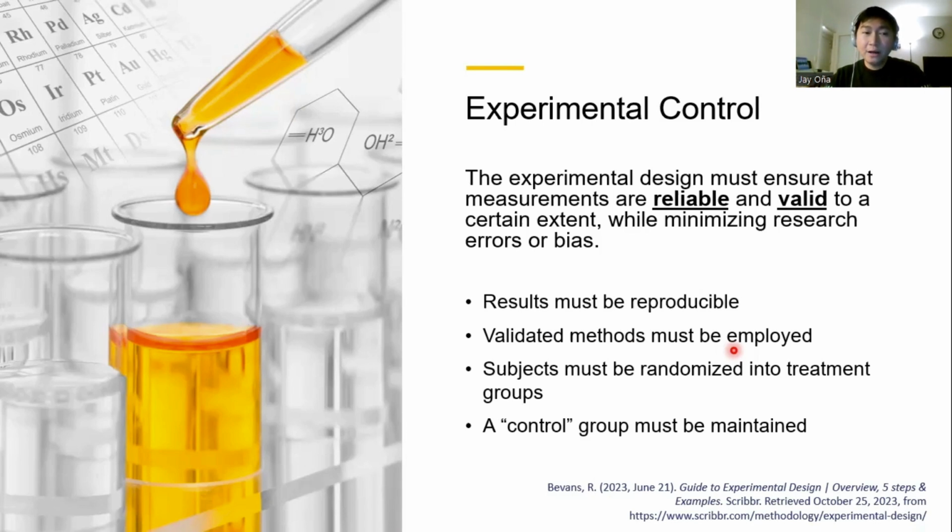But of course, we may not have access to these standard methods all the time due to time constraints or budget constraints. That's why sometimes we are coming up with in-house developed methods. But as much as possible, when we're doing these ad hoc or in-house developed methods, they must be validated to standard methods.